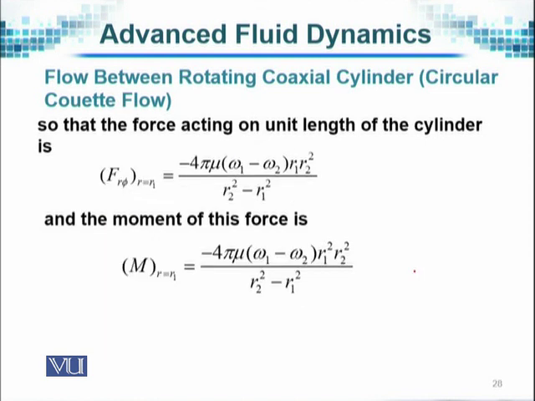And similarly, the force acting on the unit length of the cylinder will be of this value, where R1, R2 are radii of the two cylinders, omega 1 and omega 2 are the angular velocities of the two cylinders respectively.